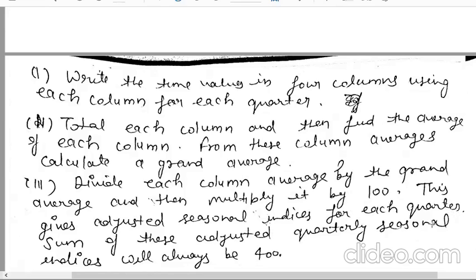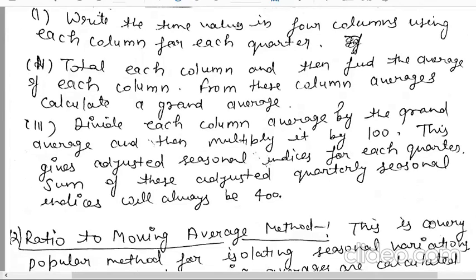Means for each quarter you find the average, and this is called the adjusted seasonal index. Now, the sum of these adjusted quarterly seasonal indices will always be 400. Basically you are dividing your time values into quarters, so the total is 400, means 4 times 100, right?